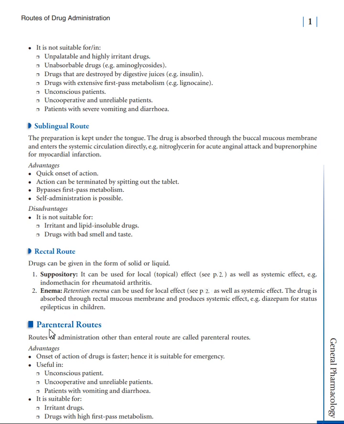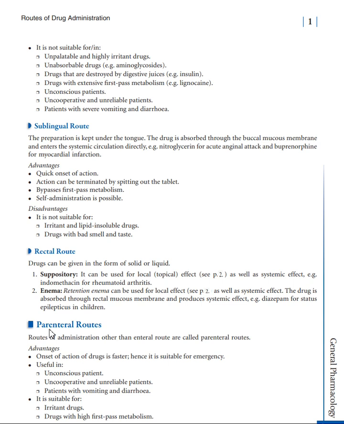Moving ahead with a very important topic, that is parenteral routes. Parenteral routes are nothing but drugs which are not given through enteral routes. It is given directly into the systemic circulation. It directly enters the blood within a few minutes or seconds. The advantages are it can be given in the case of an emergency.